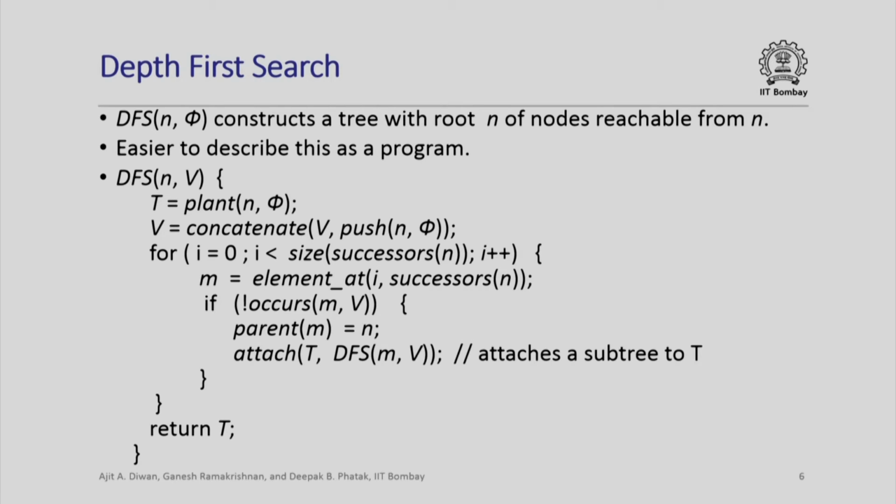If m has not been visited, if it does not belong to the sequence V, then we call DFS m with the new list of visited vertices, that returns a tree, and we attach to the tree T the new tree that has been returned.